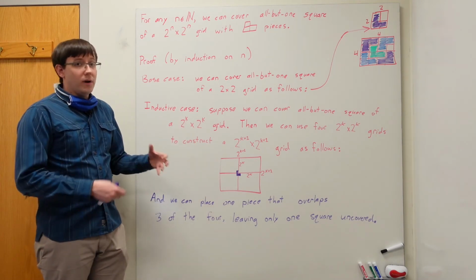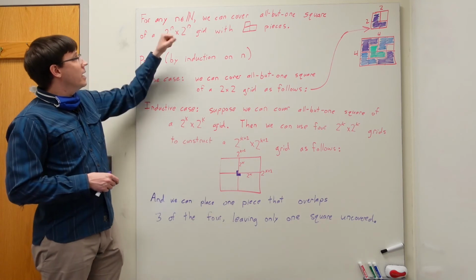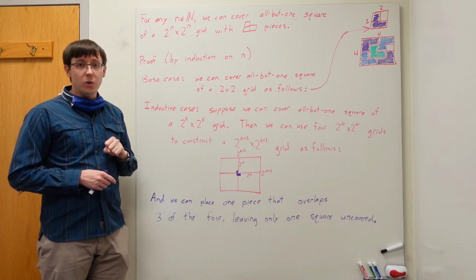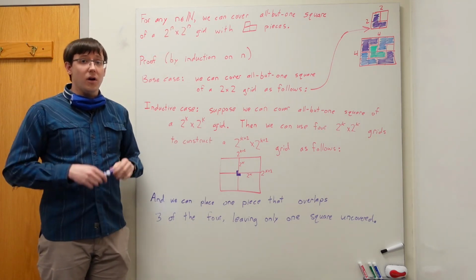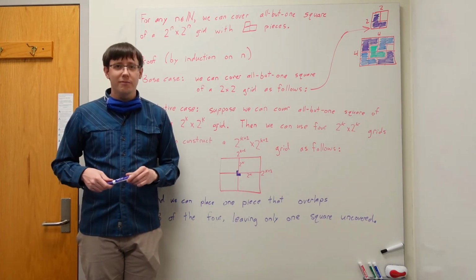And so for any power of 2 sized grid for a natural number power of 2, we are able to cover all but one square. So what's wrong with my proof?